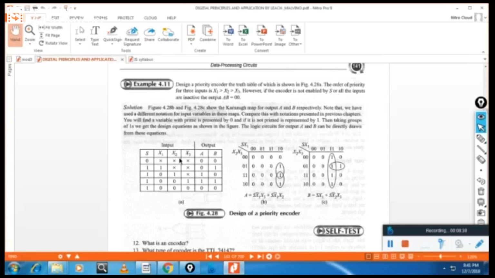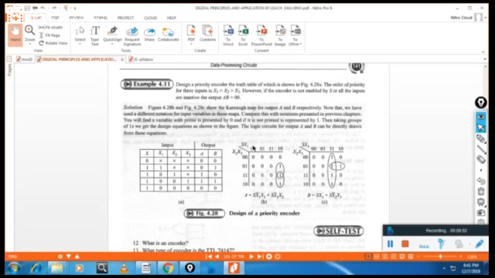So you will take something like this, x1, x2, x3. If S is 0, then output is 0 and input is not enabled. If S is 1, then either x1 will get priority, or x2 will get priority, or x3 will get priority. So output code is either 01, 10, 11.